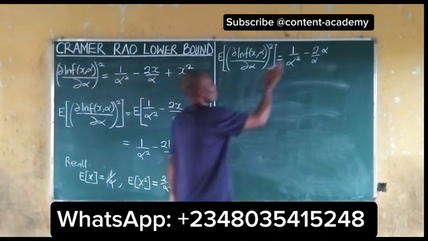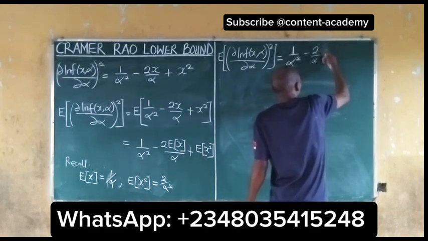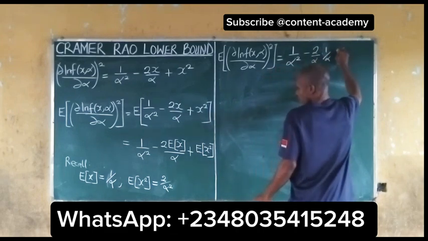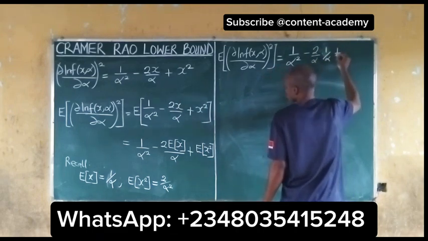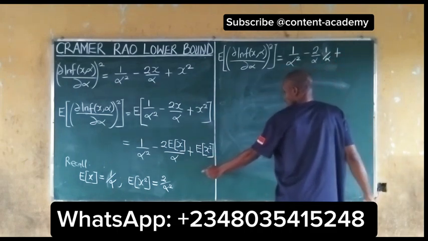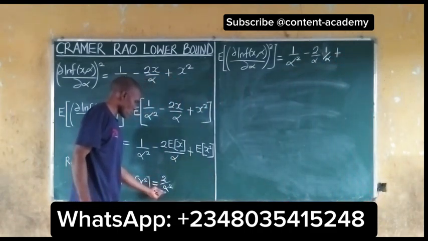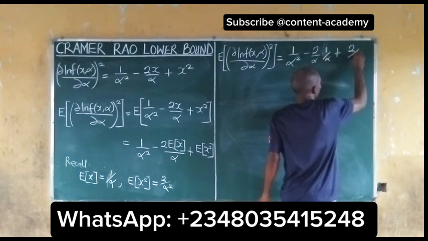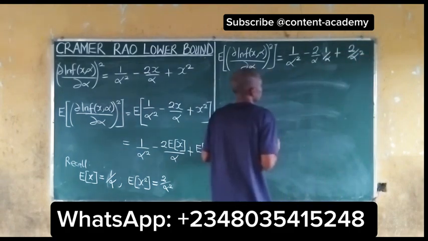Yeah. So now multiply by 1 over alpha, plus our expected value of x squared, we have 2 all over alpha squared.